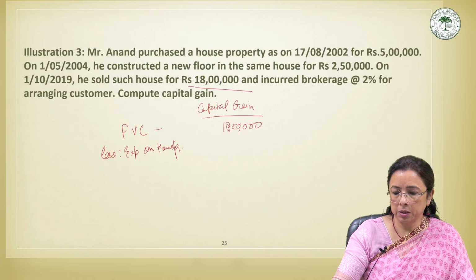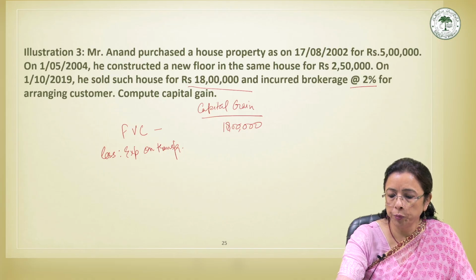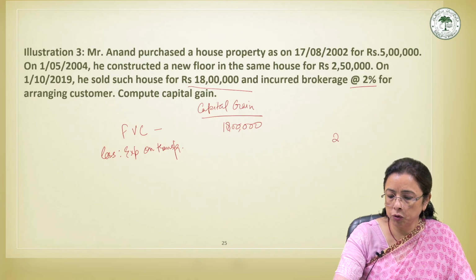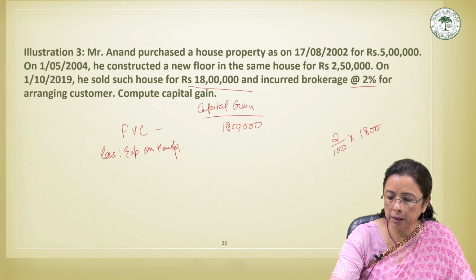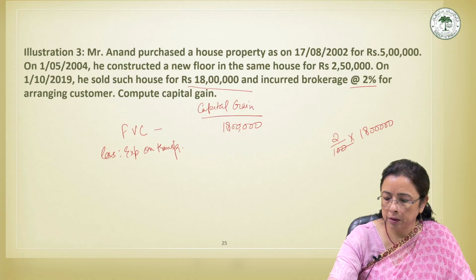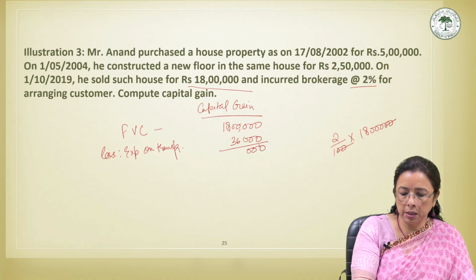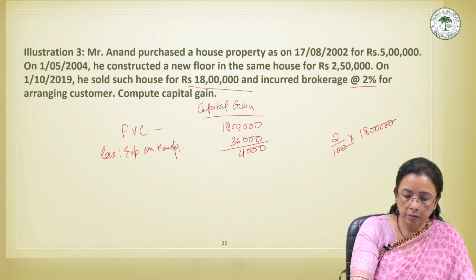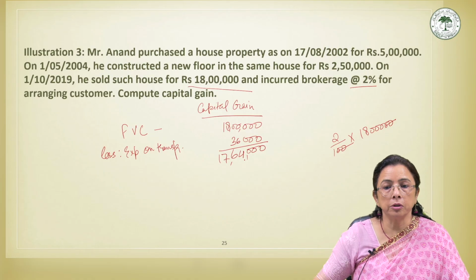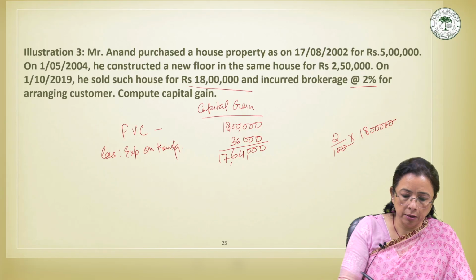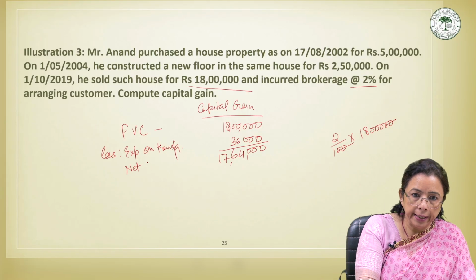It is 2%. 2% of 18 lakh will be 36,000. So the balance is 17 lakh 64,000. Okay, 17 lakh 64,000 will be called the net sales consideration.